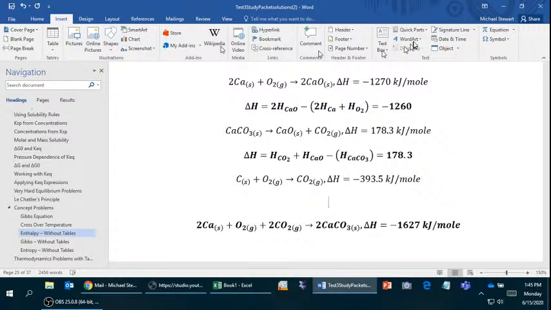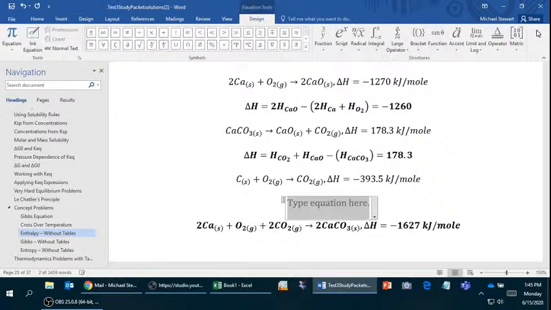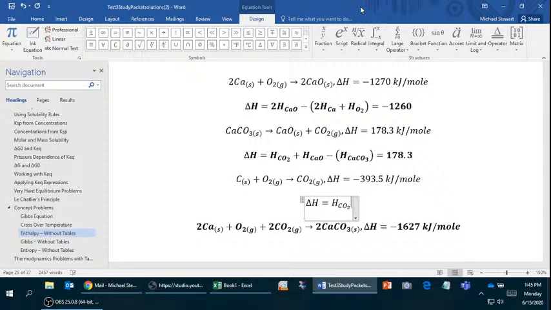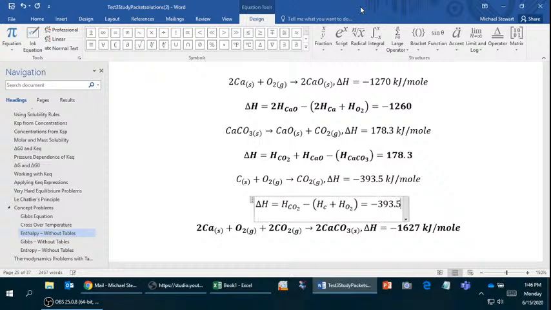For this reaction, we get that the delta H equals the enthalpy of CO2 minus the enthalpy of carbon plus the enthalpy of O2, and this is going to equal minus 393.5.